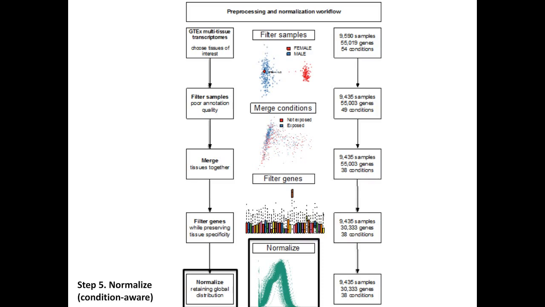Through the process, we threw out a number of samples due to quality control, and we threw out genes that were very lowly expressed. The details of that are in the paper, in the preprint, and in the Yarn software manual. And to this point, now we have 9,435 samples, 30,000 genes, and 38 tissues. So we've been able to aggregate a number of these tissues for increased power, for example, for eQTL analysis.